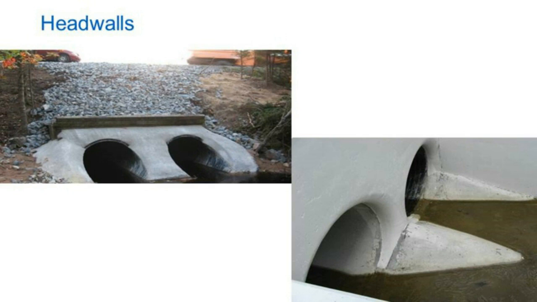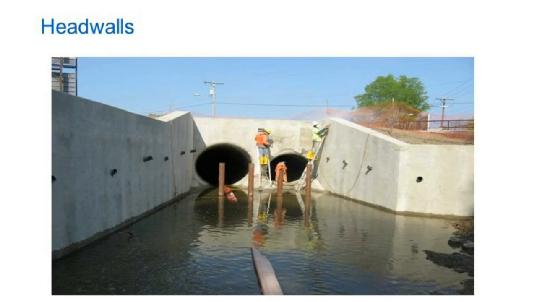And then here you can see a very extensive headwall design allowing water to enter the two culverts with much greater ease, by being able to hold a large volume of water here and then feed it in without restriction.